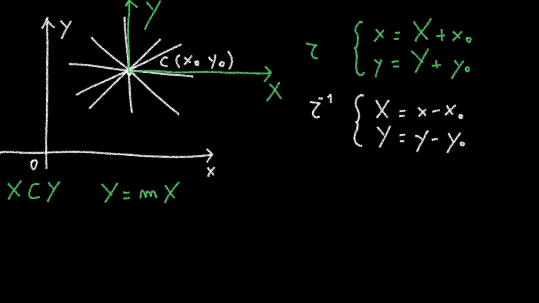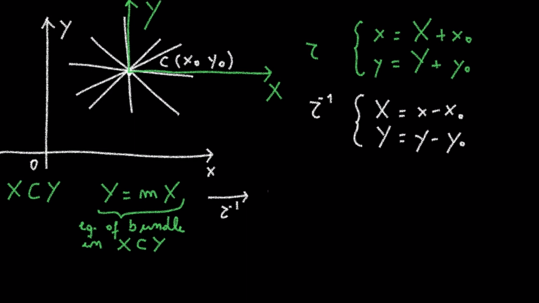So we now substitute these into the equation capital Y equals m capital X. So we have that this is the equation of the bundle in capital X, C, capital Y.